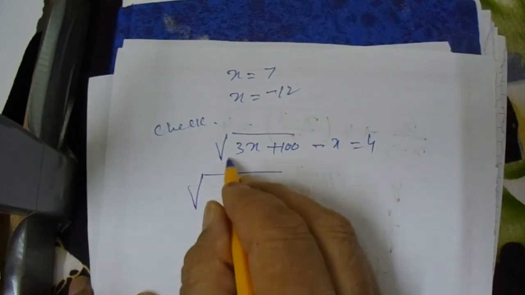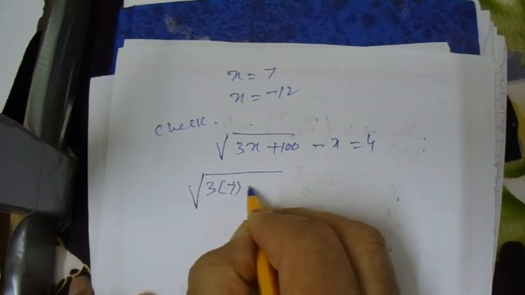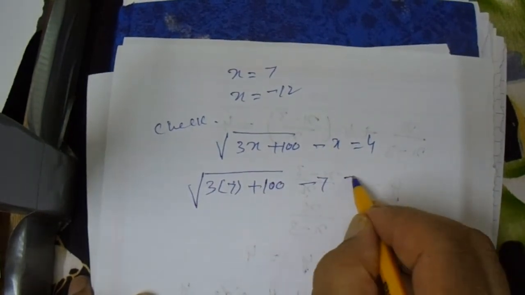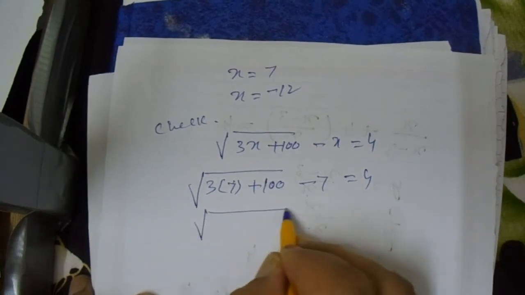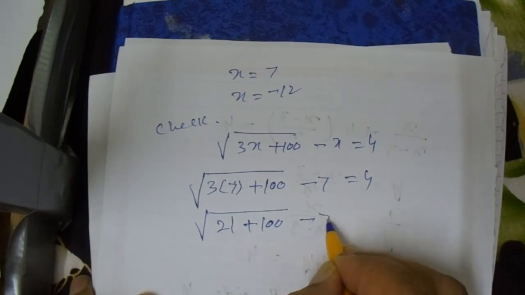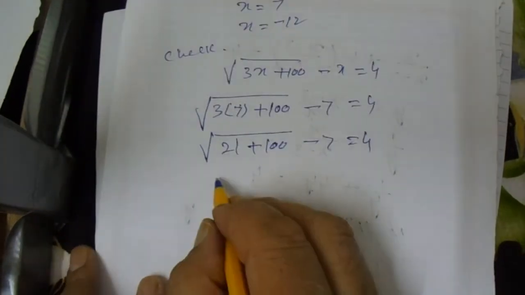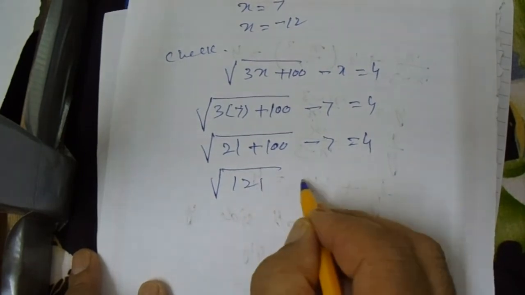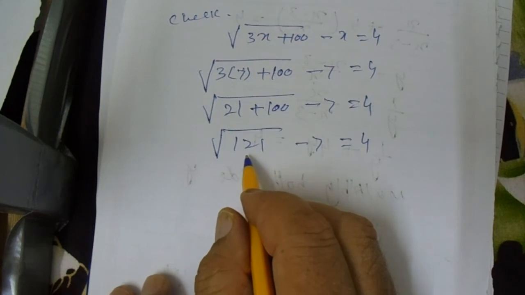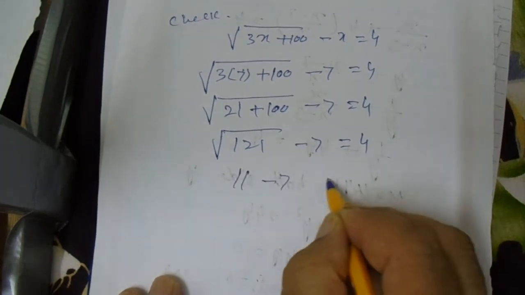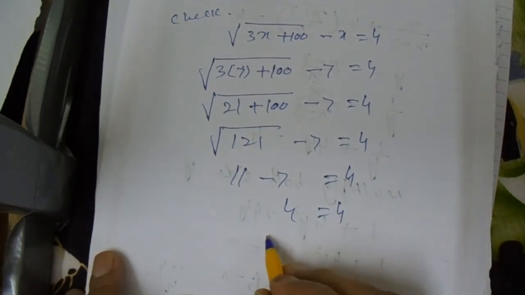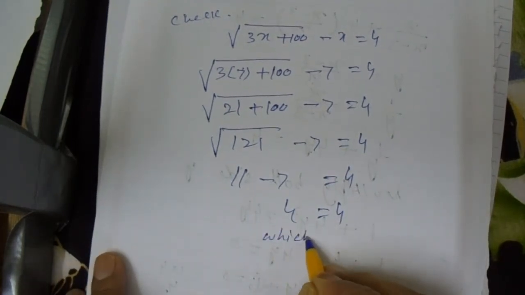Under root 3 multiplied by 7 plus 100 minus 7 is equal to 4. Now 21 plus 100 minus 7 is equal to 4, and here under root 121 minus 7 is equal to 4, and we know that under root 121 is 11, minus 7 is equal to 4, 4 is equal to 4. Now which is true.